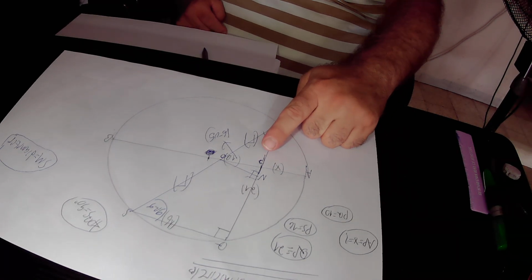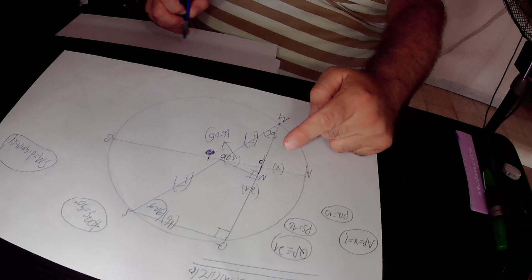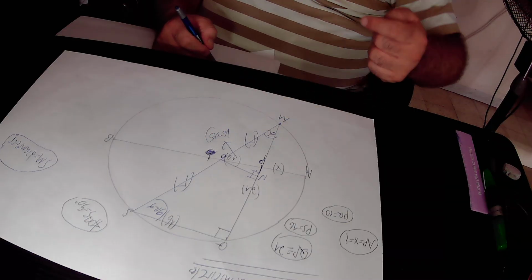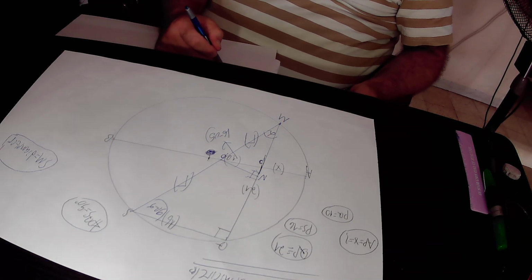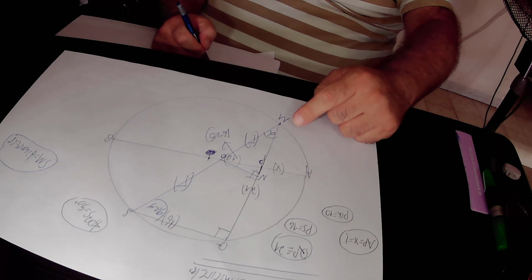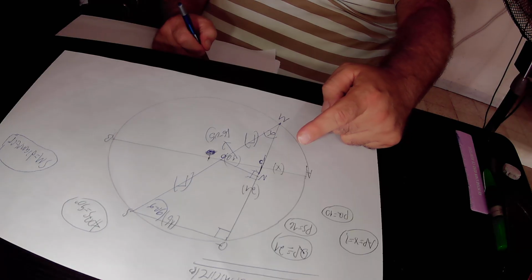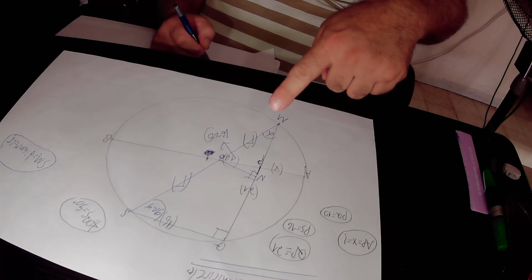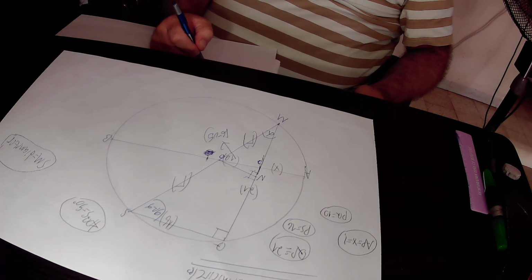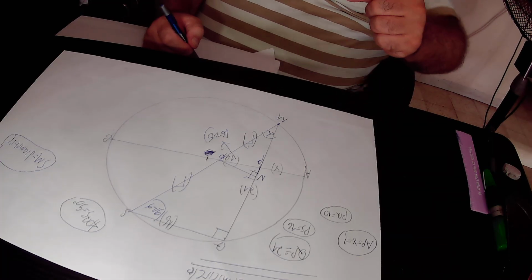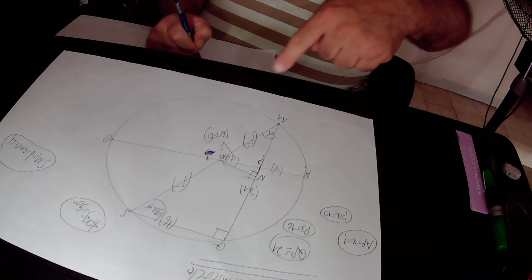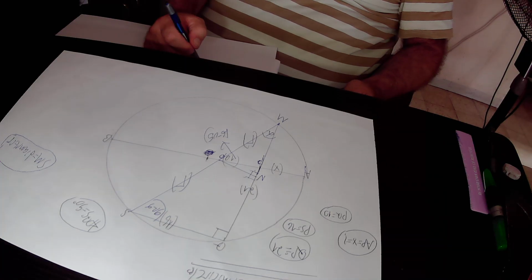We will derive that side ON of the small right triangle ONM over side QS of the big right triangle QSM is equal to side MO of the small right triangle NOM over side MS of the big right triangle QSM.